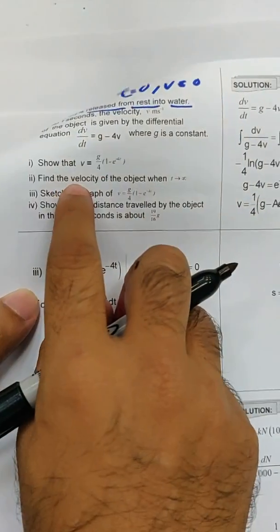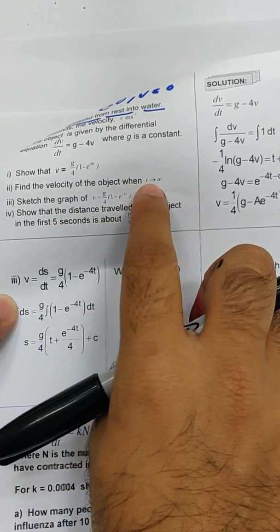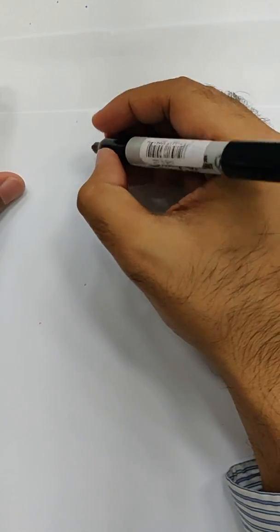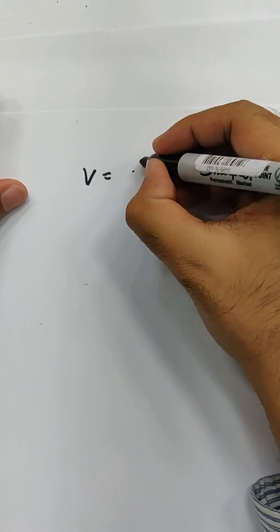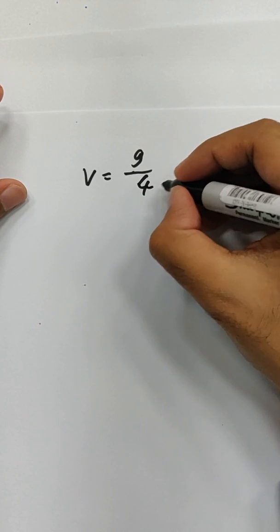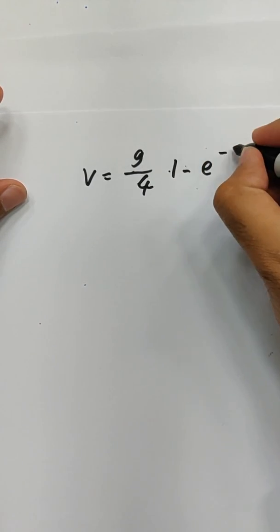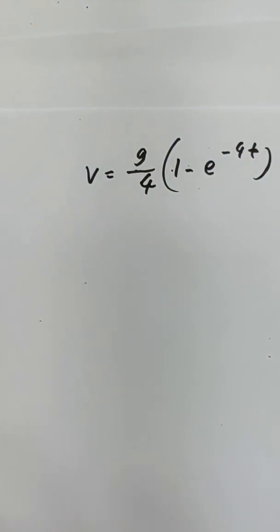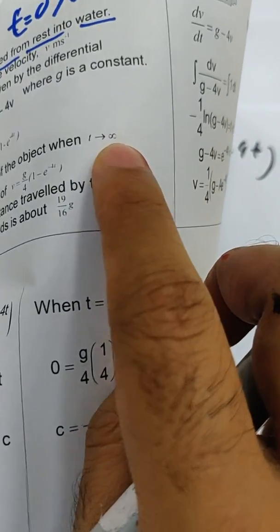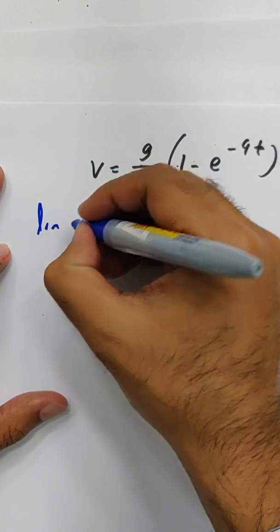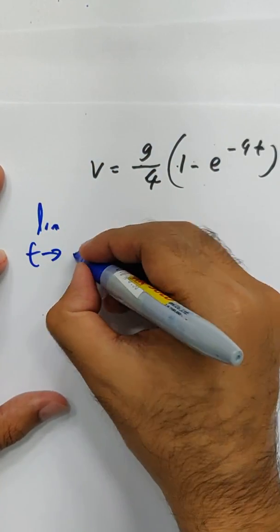Okay, the next part. Find the velocity when t goes to infinity. This is one of my favorite types of questions. When t is approaching infinity, the correct way of writing it down is, of course, the limit as t approaches infinity.